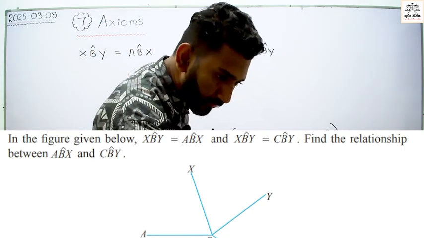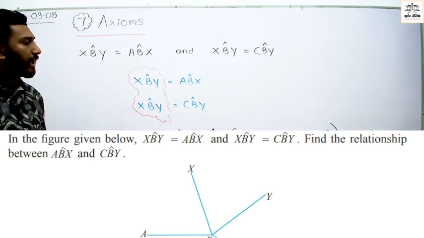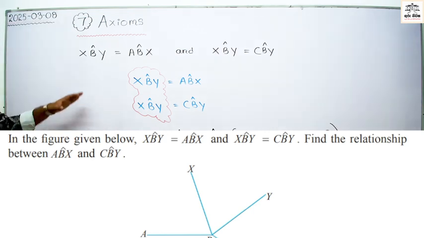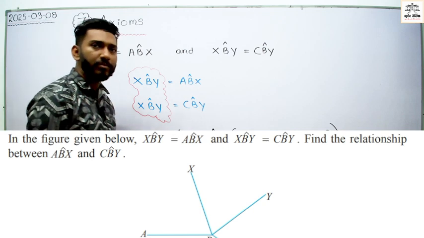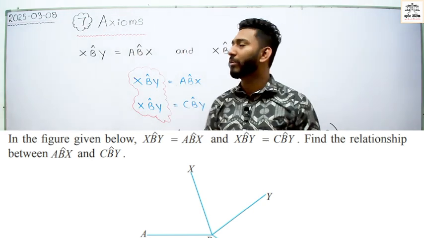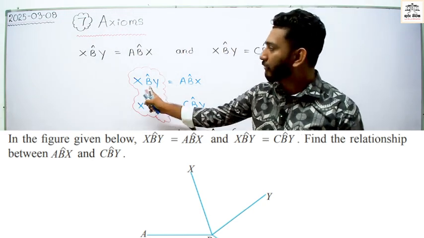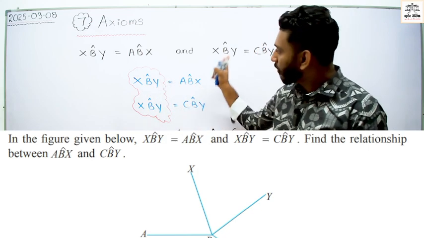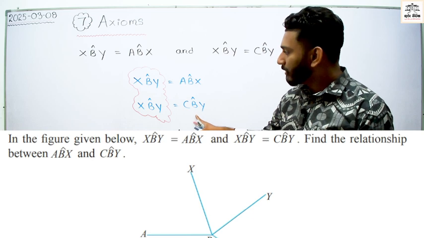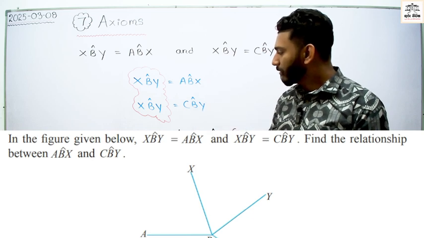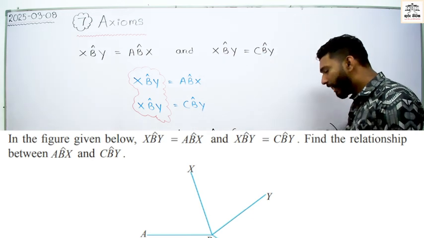That's example number 1. I think this one is very easy. There is a kind of pattern, but it's easy, right? Look at this. XBY is ABX and also XBY is CBY. Therefore ABX should equal CBY according to axiom number 1.